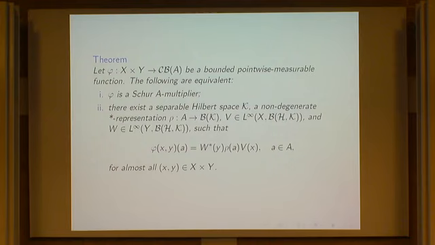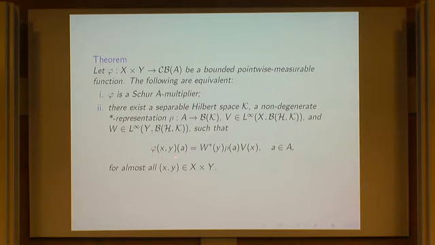These functions will need to act in the right spaces; they will be essentially bounded functions, weakly measurable in the correct sense. They will need to be valued with specific target spaces, the right ones, so that you get what you need at the end. So suppose that rho acts on some Hilbert space K, then V of x should act from H into K, so that this multiplication, this product, makes sense.